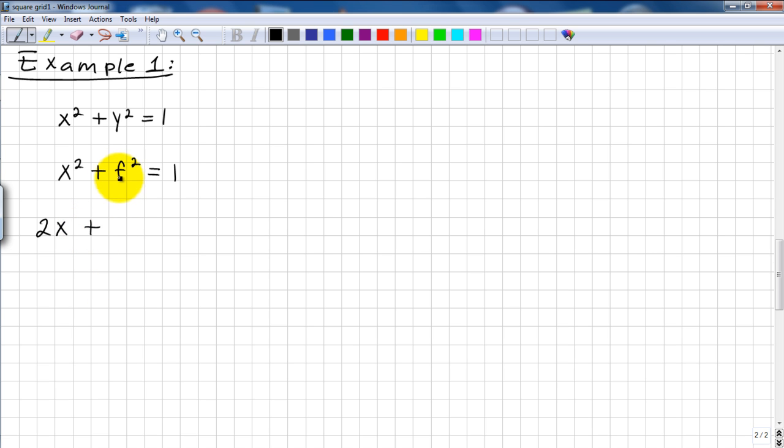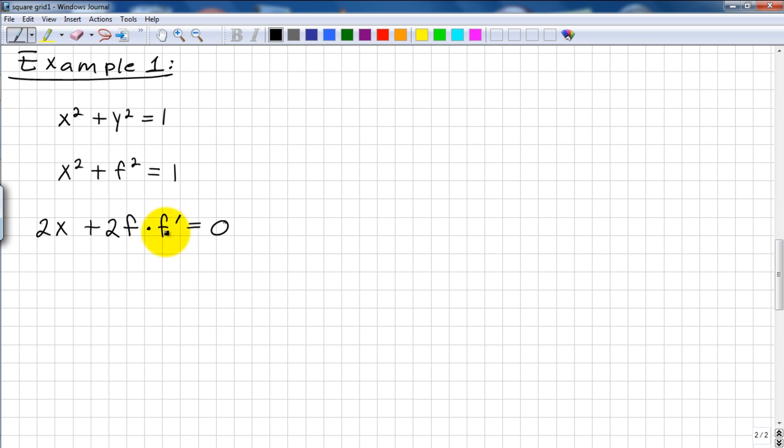Now here what we have is a function to a power. So we have to use the chain rule here since we have a function inside and a function outside. So that would be the derivative of the outside times the derivative of the inside. And on the other side, the derivative of 1 is equal to 0.